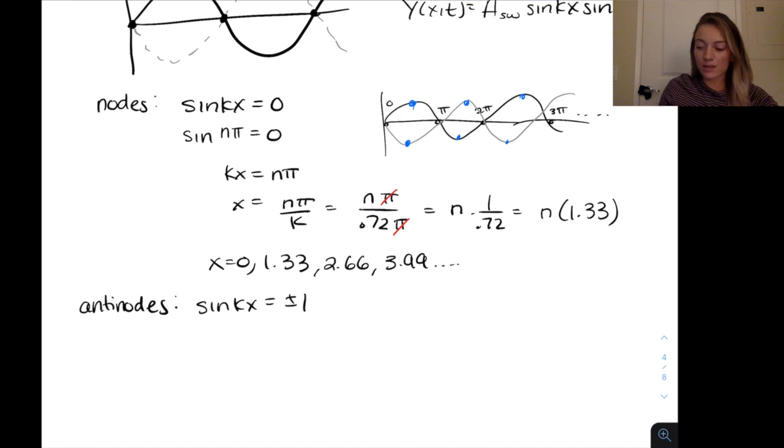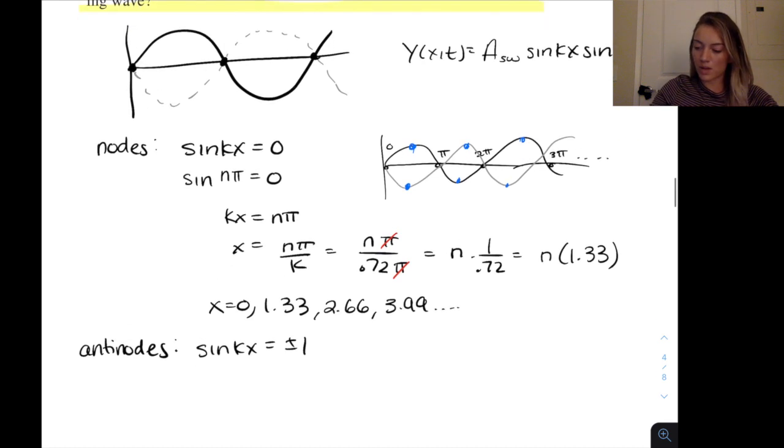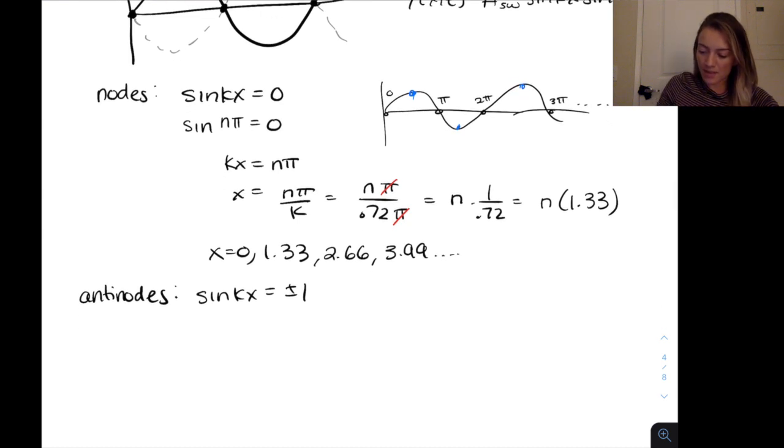And now, where is sine plus or minus 1? Well, oops, this is my sine graph. Sine is plus or minus 1 at pi over 2, 3 pi over 2, 5 pi over 2. So this happens when sine is n plus 1/2 pi.